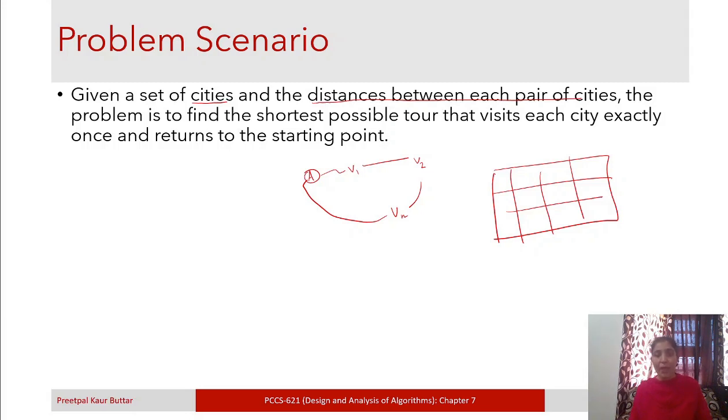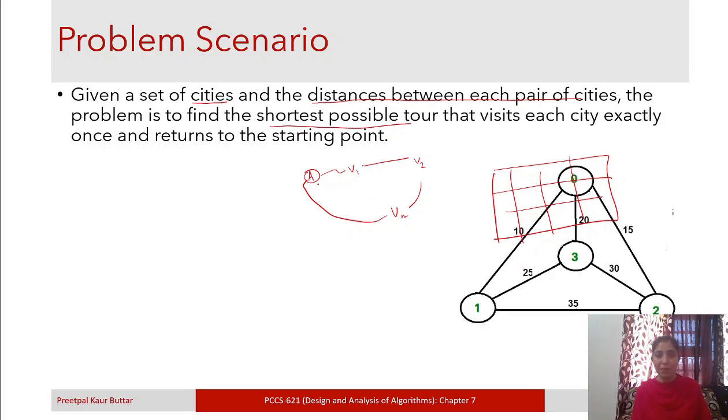But another condition here is that it should be the shortest possible tour. The path through which you are going should be optimal, the shortest possible path. So this problem is known as the traveling salesperson problem.